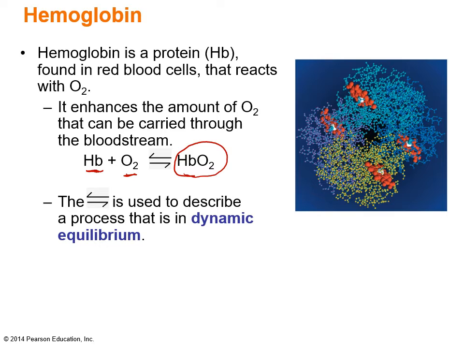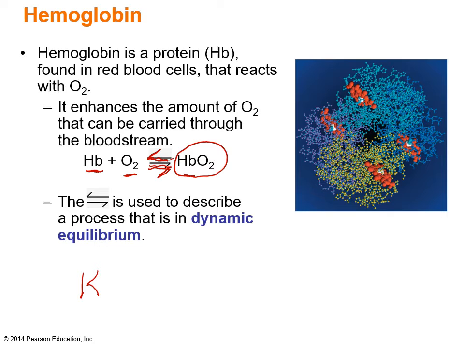The relative amounts of these are at equilibrium, and they're related to a constant called the equilibrium constant that is represented by a K. Now, when we say it's in dynamic equilibrium, we represent that with half arrows pointing in both directions. This means the reaction can go in the forward direction.